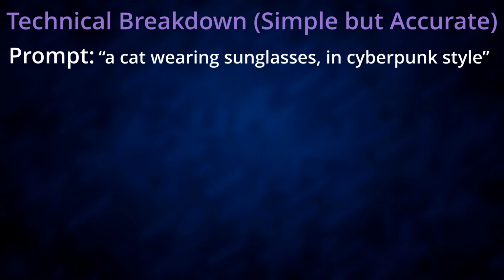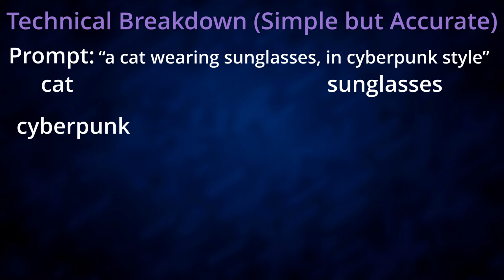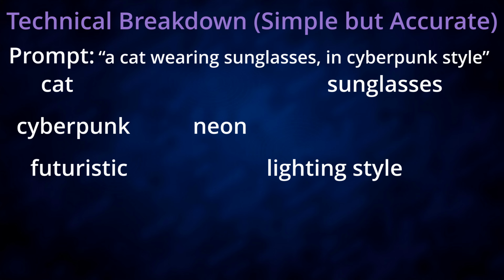For example, a prompt like, "a cat wearing sunglasses in cyberpunk style," becomes a vector that encodes concepts like cat, sunglasses, cyberpunk, neon, futuristic, lighting style. This vector is fed into the diffusion model at every denoising step.